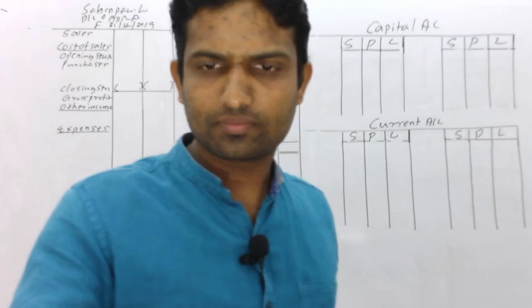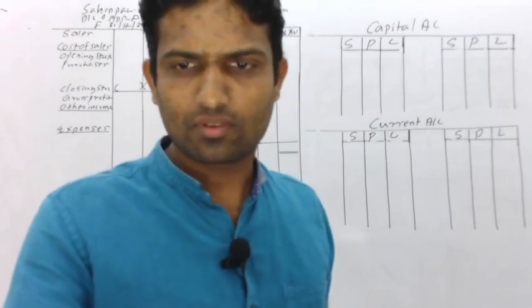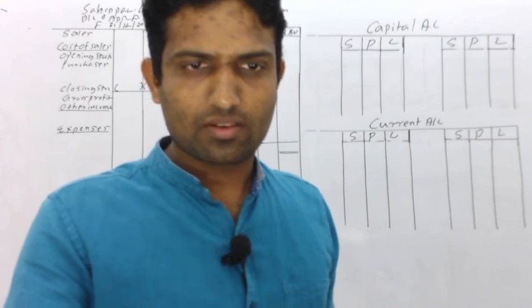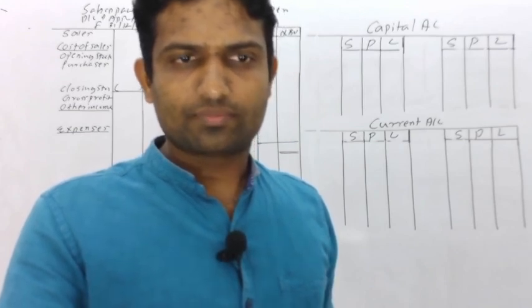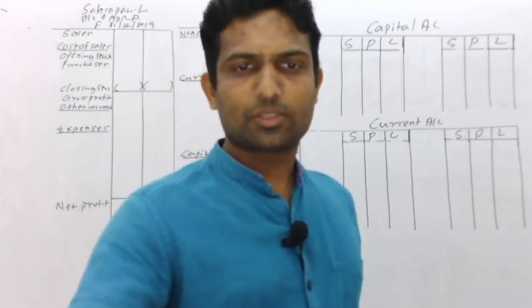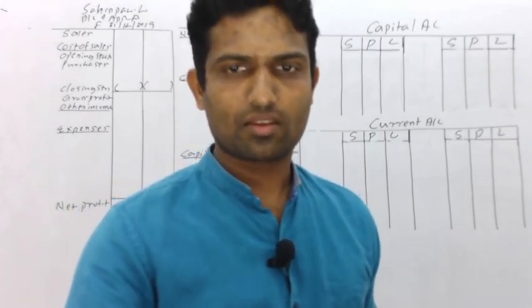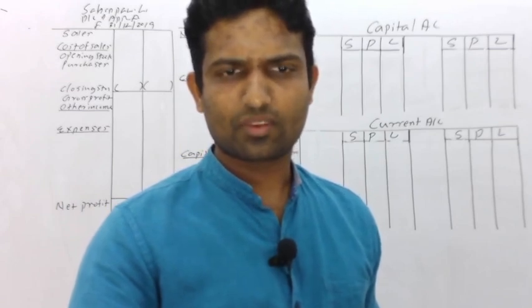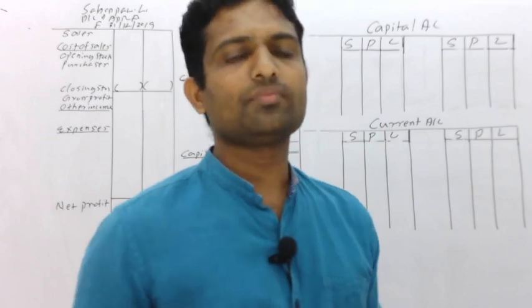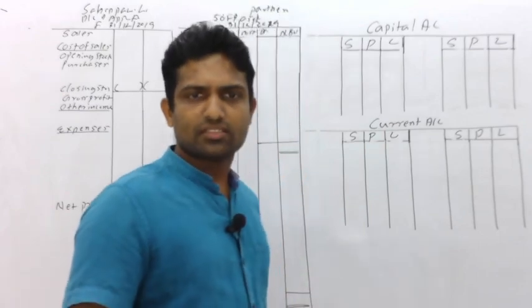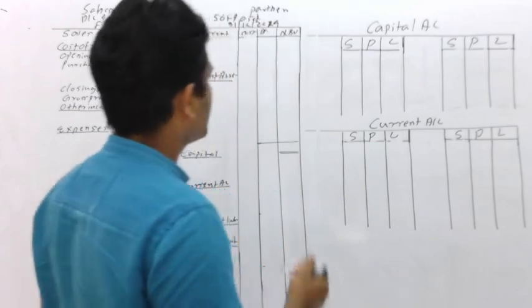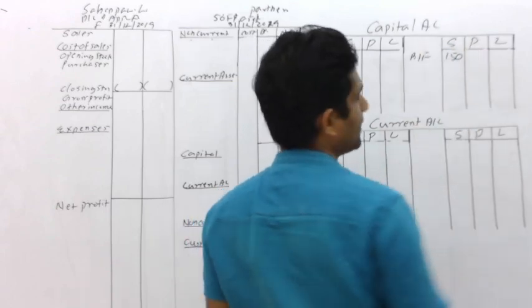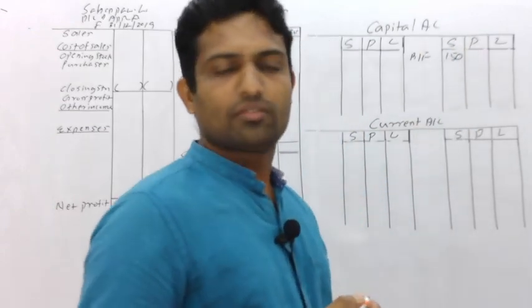Right. Adjustment number 1. I will start with the opening balances. Capital account balances, Sahan and Pawan, 150 and 112.